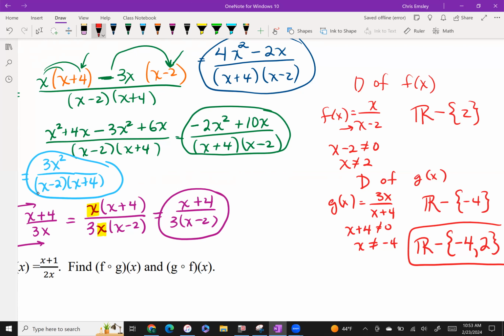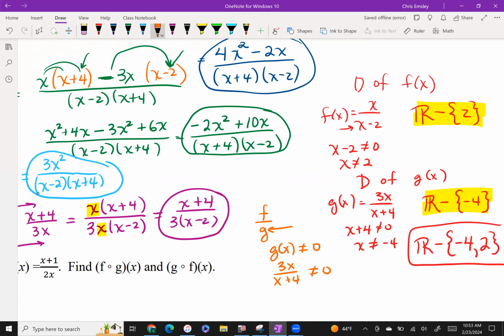The domain of the quotient, we are going to take these two things into consideration. These are important for the quotient also, but there's one more thing. Because it is a quotient, because we are dividing, we have to make sure, again, we're not dividing by 0. So since it's f of x over g of x, we have to make sure that g of x is not equal to 0. So 3x over x plus 4 cannot be 0. The only way for a fraction to be 0 is if the top is 0.